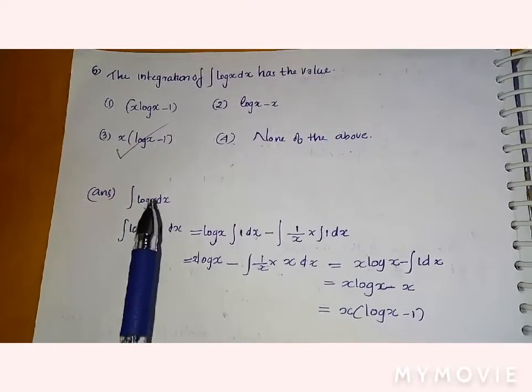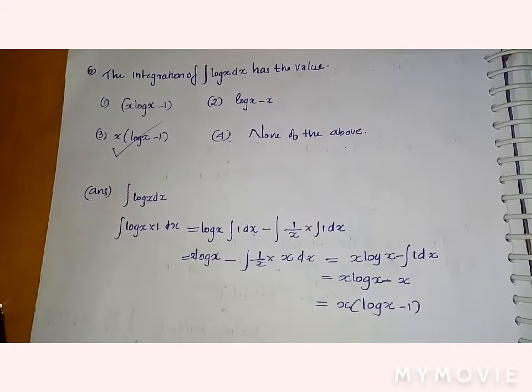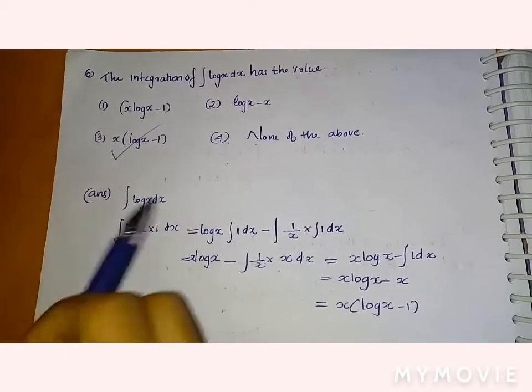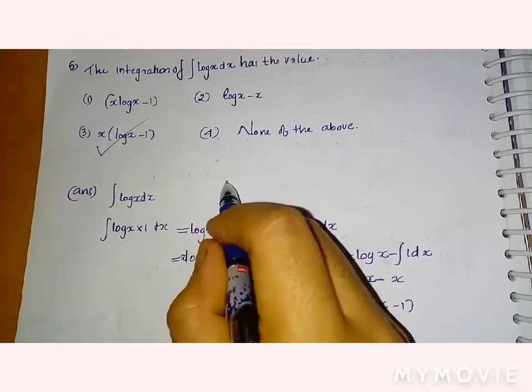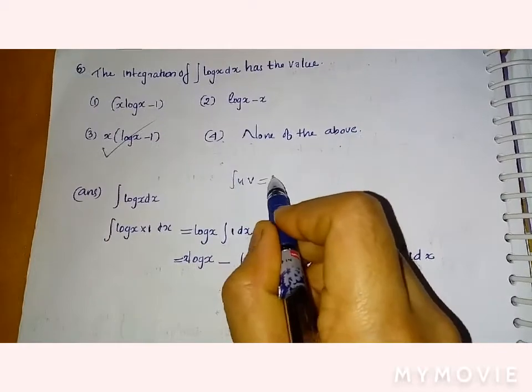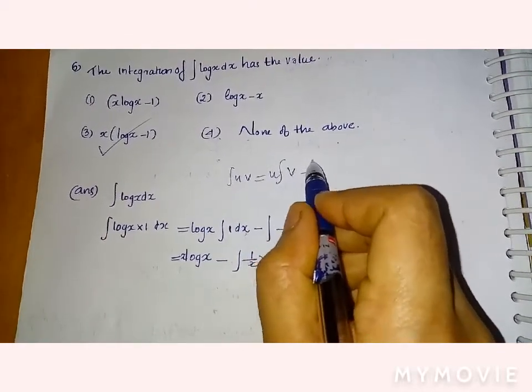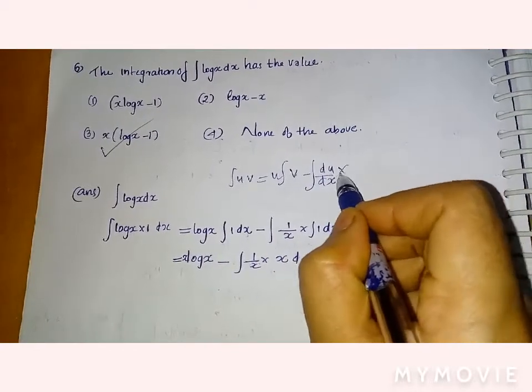Here the problem is integral log x dx. We can solve this with the product formula in integration, that is u v integral: first function into integral of second minus integral of derivative of first into integral of second.